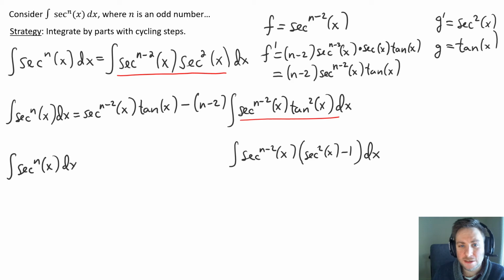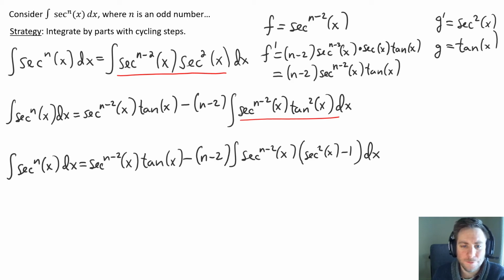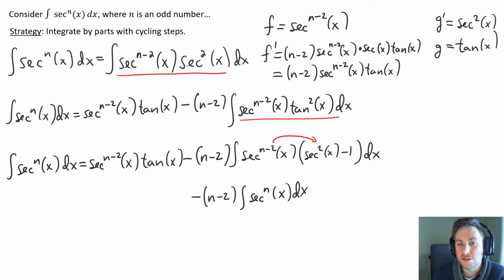And although it's tedious, let's not lose track of all this other stuff before we go on to the next step. Next, I'm going to expand, and when I multiply secant to the n minus 2 times secant squared, the result would be secant to the n, giving us the integral that we started with, which is a good thing. That's where our cycling is going to come from.